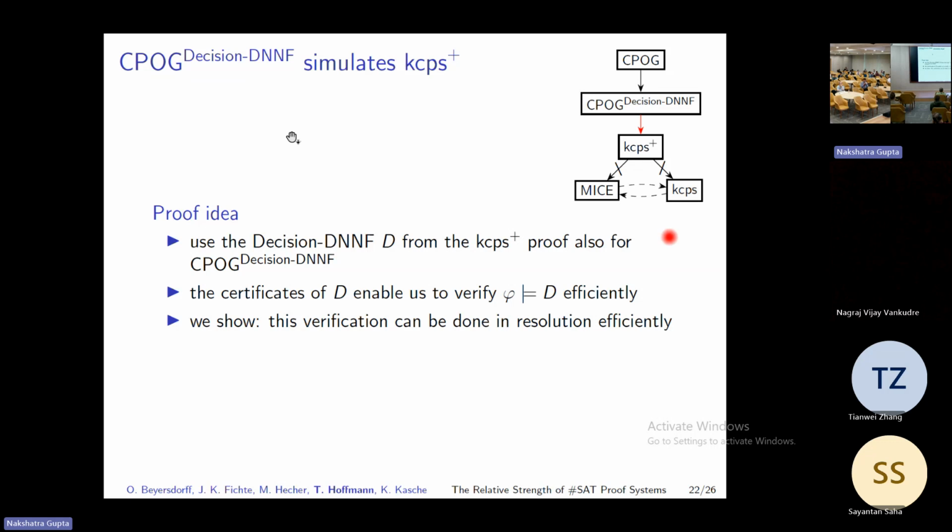And then we only have to find a resolution proof that shows that this is indeed true. However, the idea was that the certificates were used so that this can be checked efficiently. So all we have to do is show that we can also prove this efficiently with resolution. So this is a bit more technical, but I think the intuition should be clear.